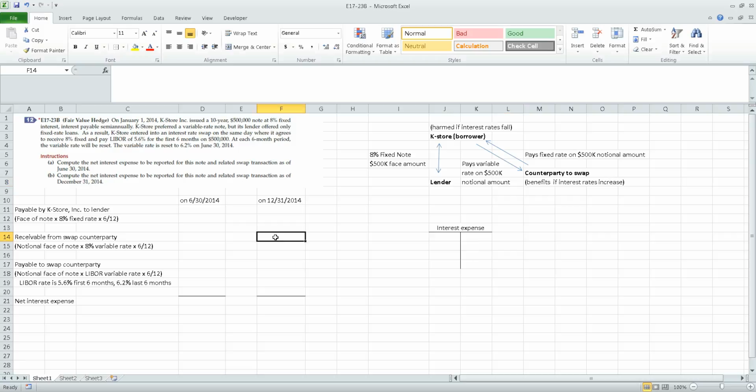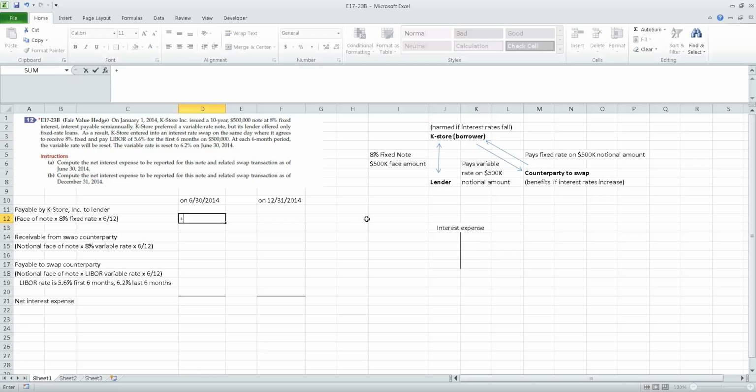So what we're asked to do is to compute the interest expense on the transaction as of June 30th and at December 31st. So what's going to happen on June 30th? K-Store is going to cut a check to the lender for interest based upon the $500,000 note, 8% rate of interest for half the year.